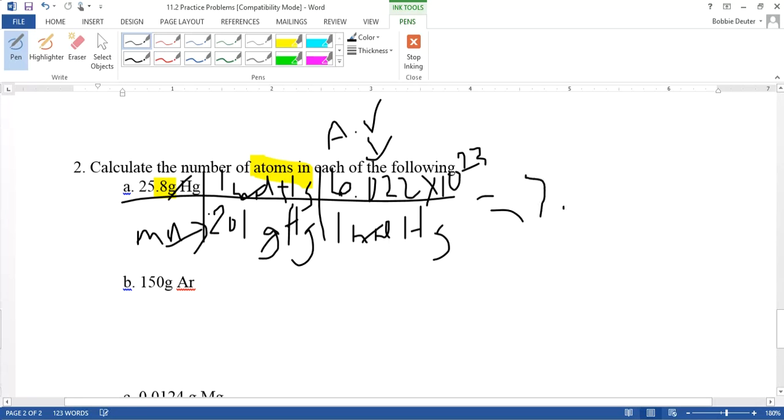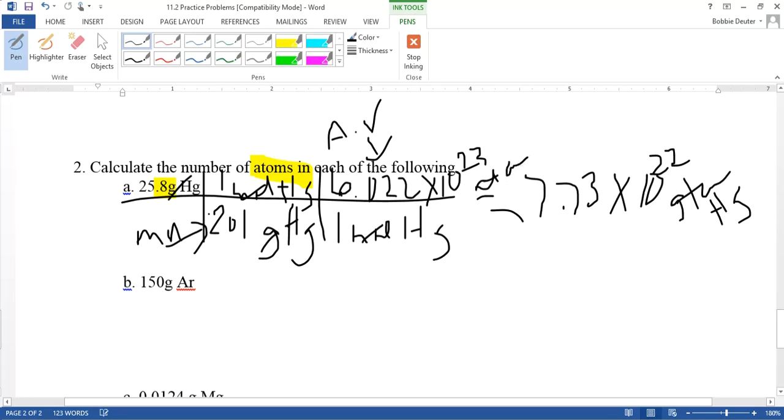It's 7.73 times 10 to the 22nd atoms of mercury. Everything's canceled out, so the only thing you have left is atoms of Hg. So let's do another one.